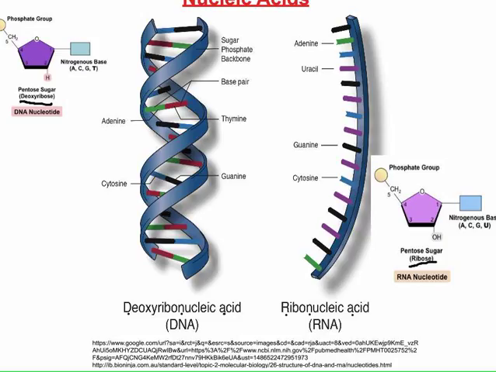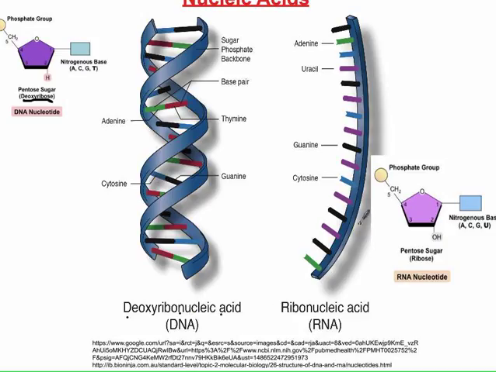So a couple of differences between DNA and RNA. Obviously the first difference is the name. DNA and RNA are both named after their sugars. So you see here that the sugar in DNA is deoxyribose, hence the name deoxyribonucleic acid, DNA.